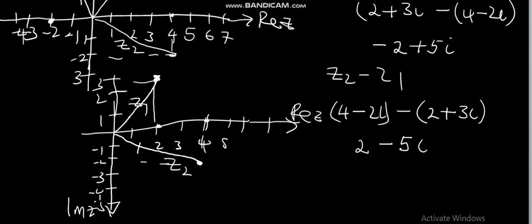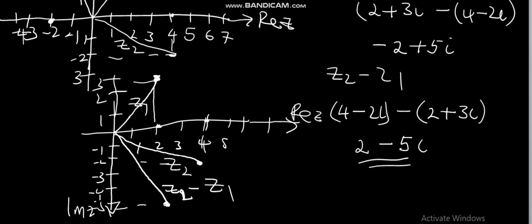After doing that, we obtained z2 minus z1, which is the resultant 2 minus 5i. So it is a 2 on the real axis and minus 5i on the imaginary axis. So upon sketching, we shall have a combination of z1, z2 minus z1.